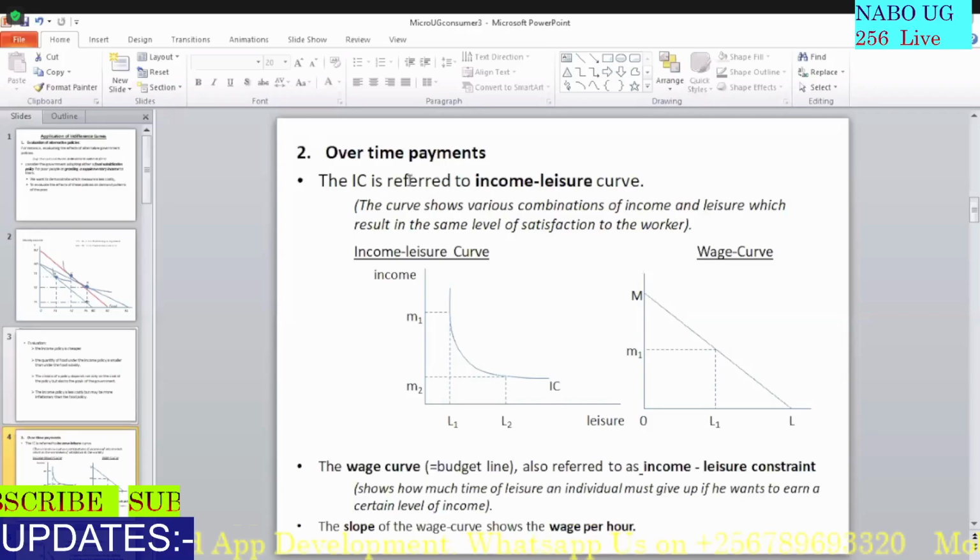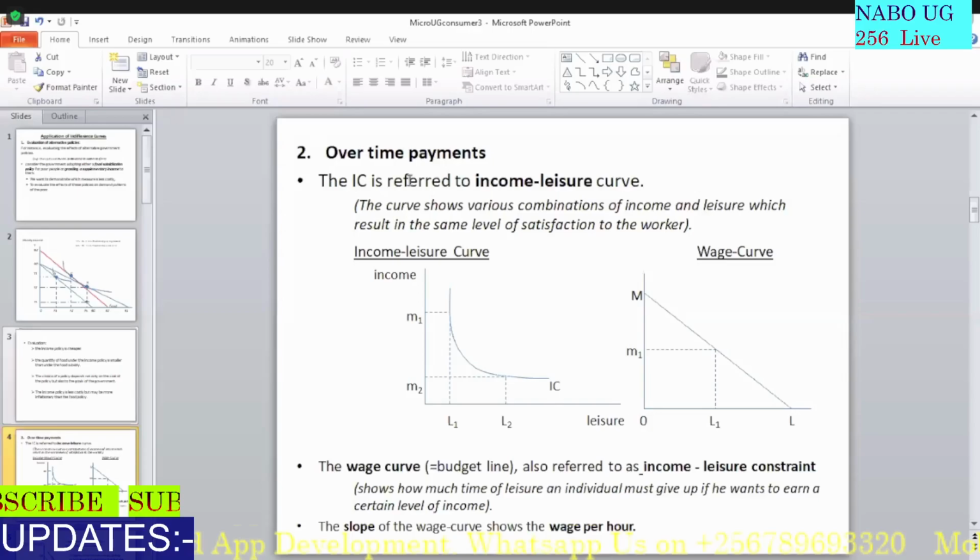So originally, he's at E0. At that point, he's satisfied on indifference curve 1. So he's in equilibrium by working L1L hours.